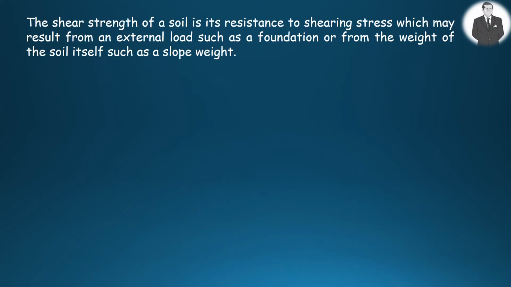The shearing strength of a soil is its resistance to shearing stress, which may be caused by an external load such as a foundation, or by the weight of the soil itself, such as a slope weight.